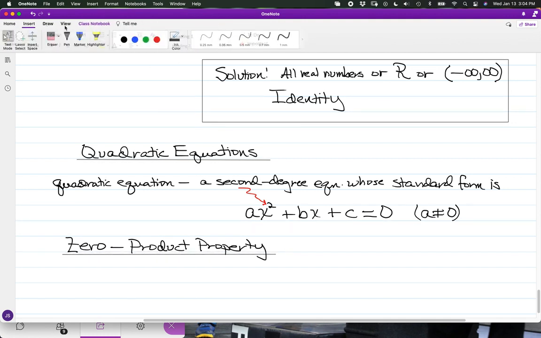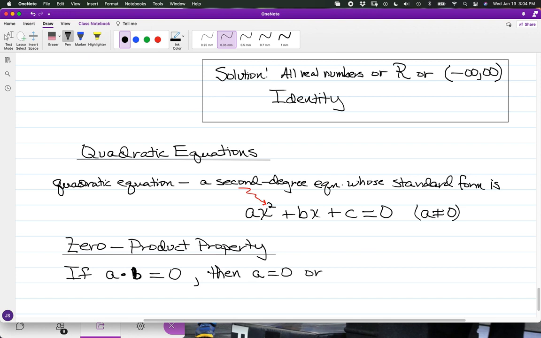And this property states that if we have at least two expressions, again, not limited to two expressions, but say we have two expressions, a and b, and they multiply out to 0, for this to be true, at least one of these factors has to be 0.